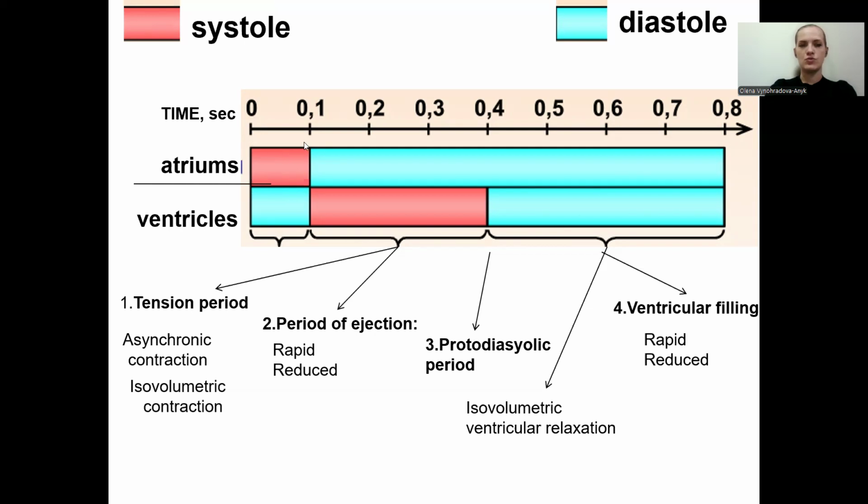And what do we have? We have first systole of the atriums. At this time we have relaxation of the ventricles. Once systole of the atriums is finished, systole of the ventricles starts, and relaxation of the atriums.